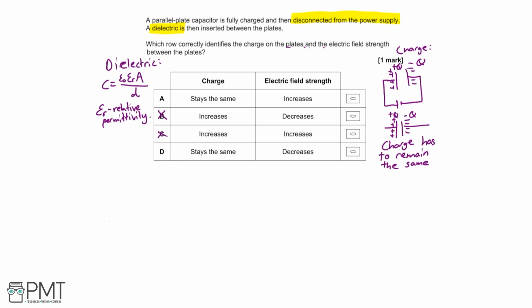The relative permittivity describes how difficult it is to set up an electric field with a certain amount of charge. Specifically, larger relative permittivity means that you get a smaller electric field between the plates for the same amount of charge.